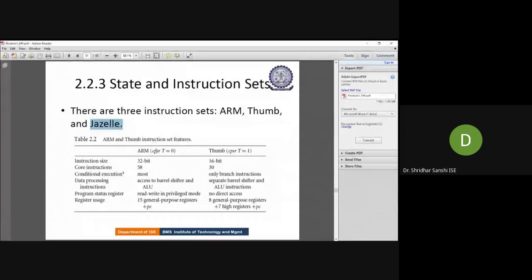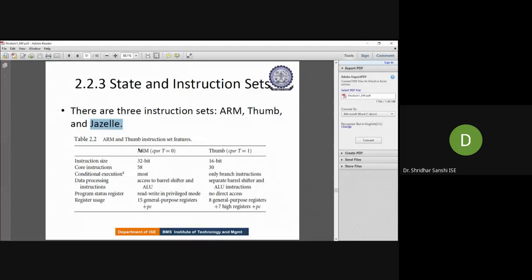You need to understand that ARM supports 3 instruction sets: ARM, Thumb, and Jazelle. Jazelle instructions are the 8-bit instructions which are used to execute Java bytecodes.